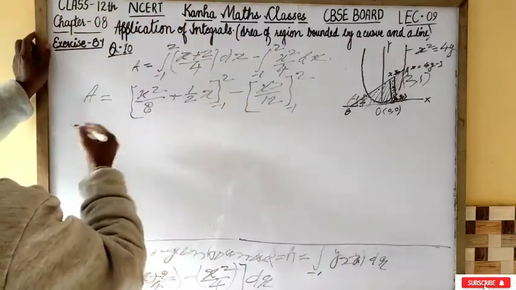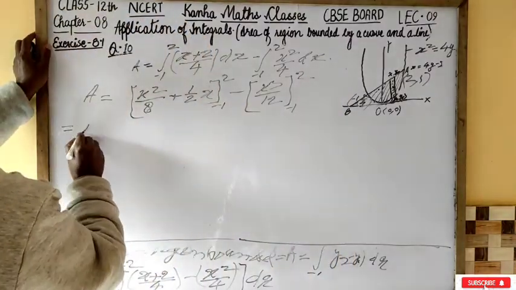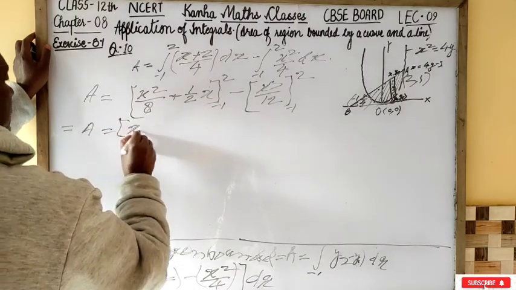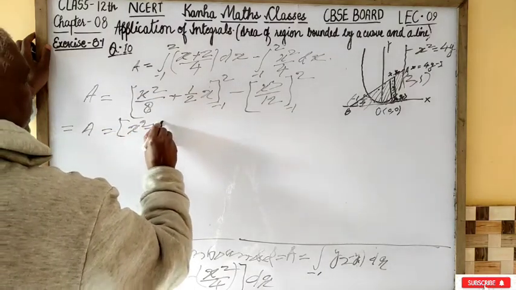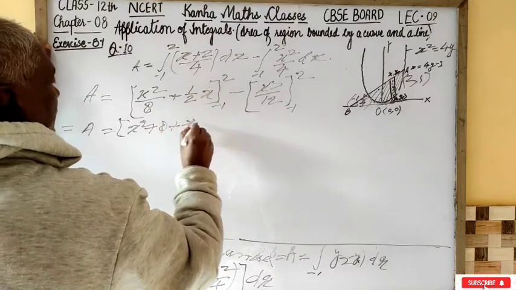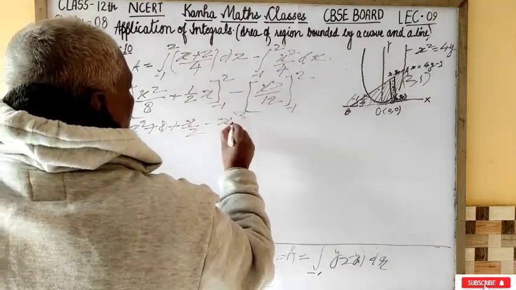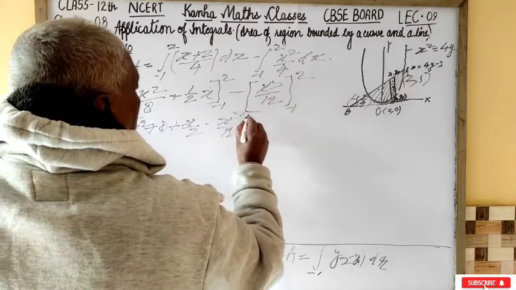If we combine these two, A will be equal to x square by 8 plus x by 2 minus x cube by 12.